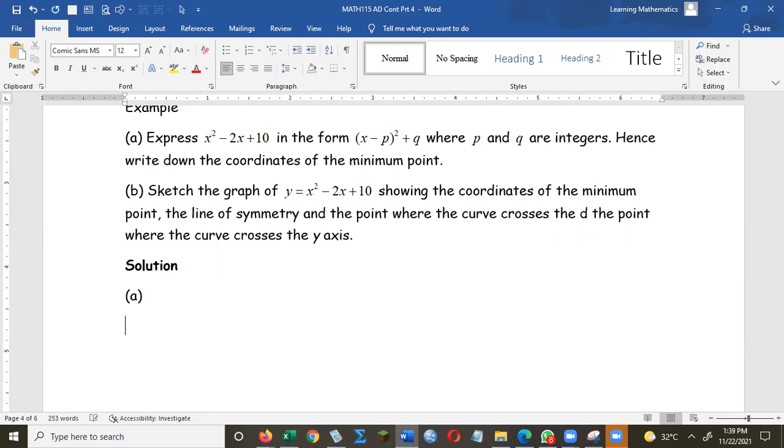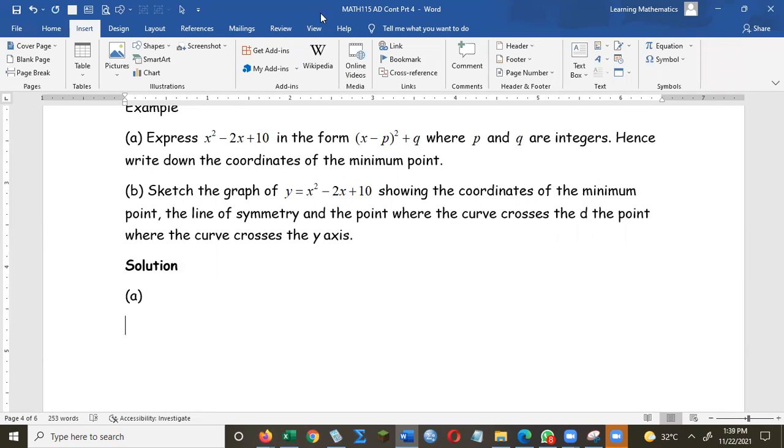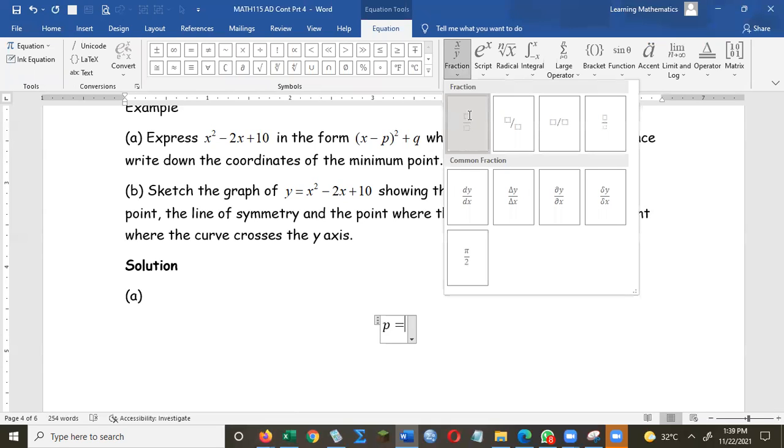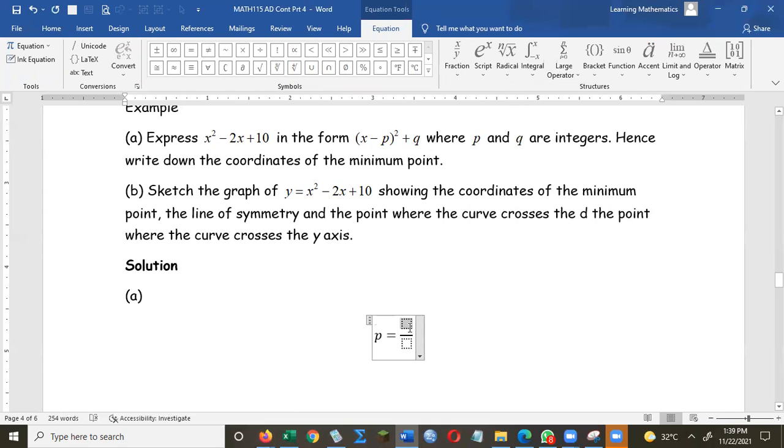First, we have to find what is p. P is equal to b over 2, negative 2 over 2, negative 1. Simple. P is negative 1.